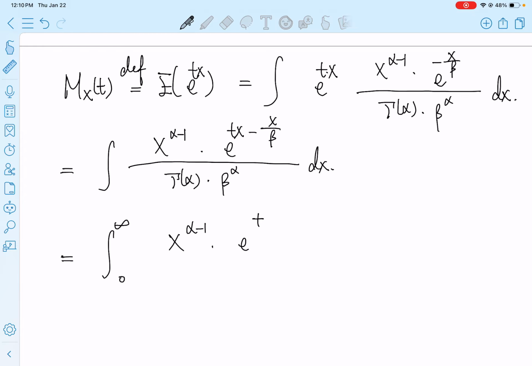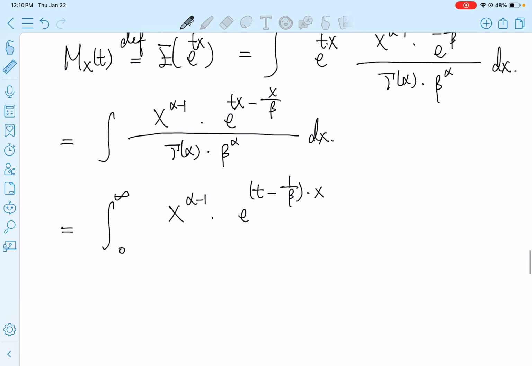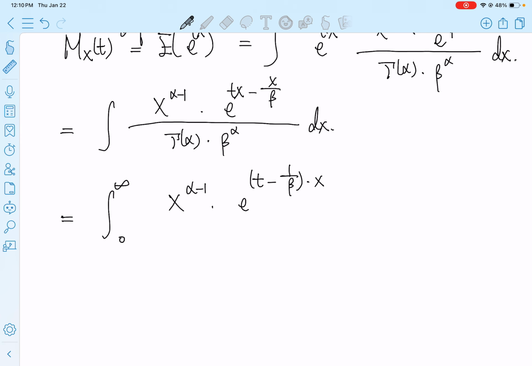So we have t minus, okay, let me do one more step. So t minus 1 over beta multiplied by x. I'm just pulling the common term onto the right hand side, dx.